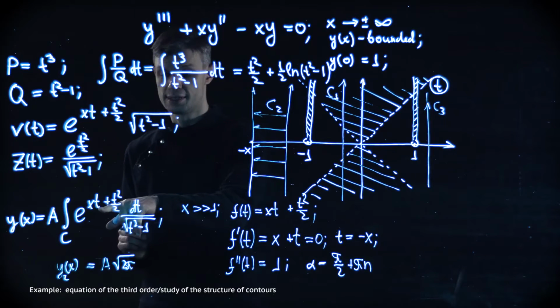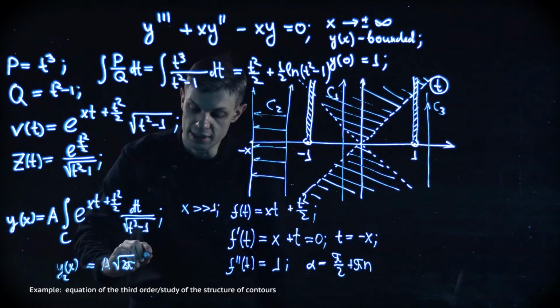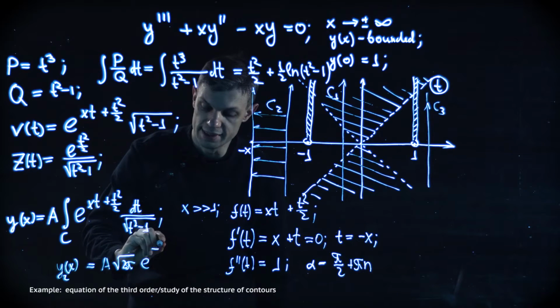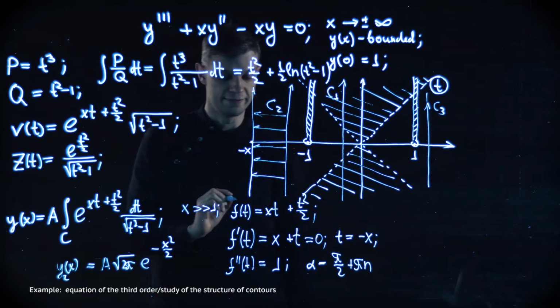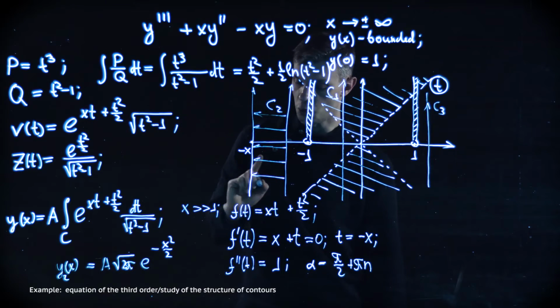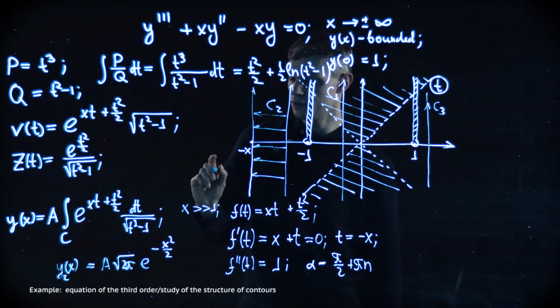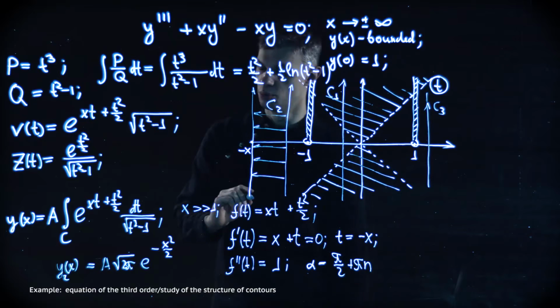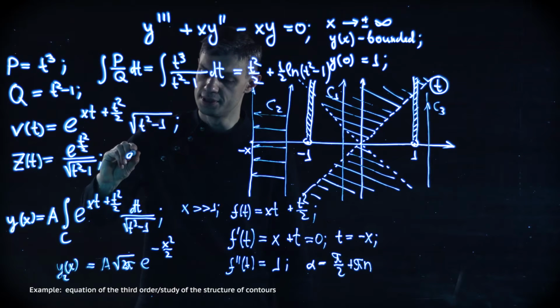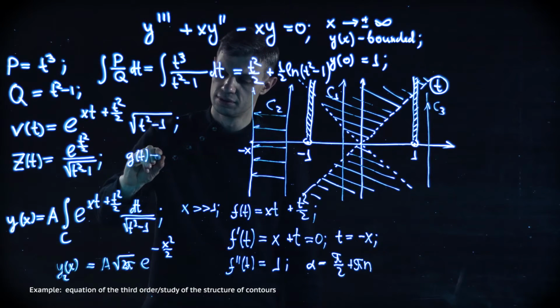So it's minus x squared plus x squared over 2, so it's e to the minus x squared over 2. Finally, we need to figure out what the value of our multivalued function is, square root of t squared minus 1. By the way, let's use a special notation for this function.